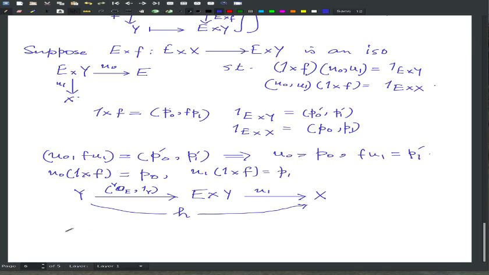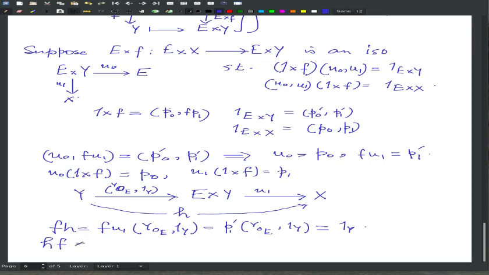Okay? So then we can see that FH is FU1, but FU1 is P1 prime, so this is 1Y.